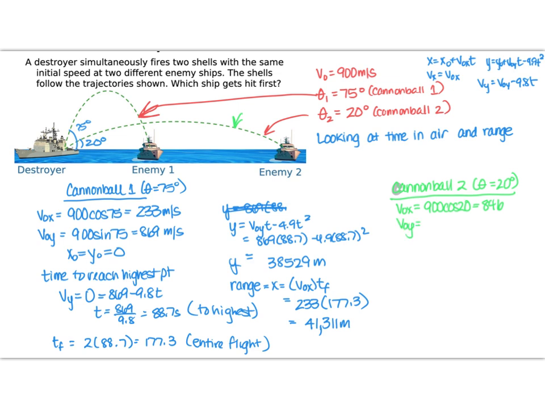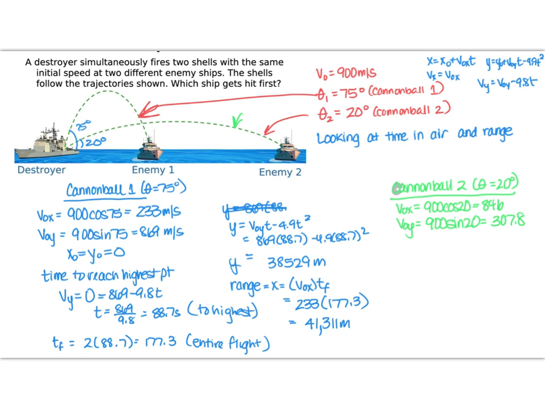V naught y is 900 sine of 20, and that's 307.8. Okay, so right away you can see that the initial x and y velocities are sort of inversed. The x velocity for Cannonball number 2 is much, much bigger, kind of like how the y velocity for Cannonball number 1 was much, much bigger. And the y component of the initial velocity for Cannonball 2 is more reminiscent of the value for the x velocity of Cannonball number 1.